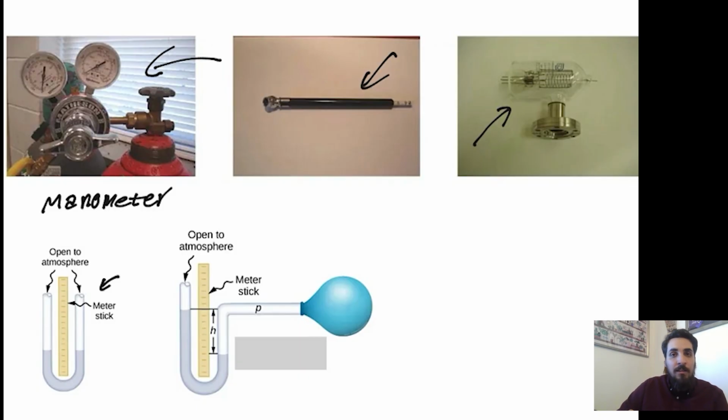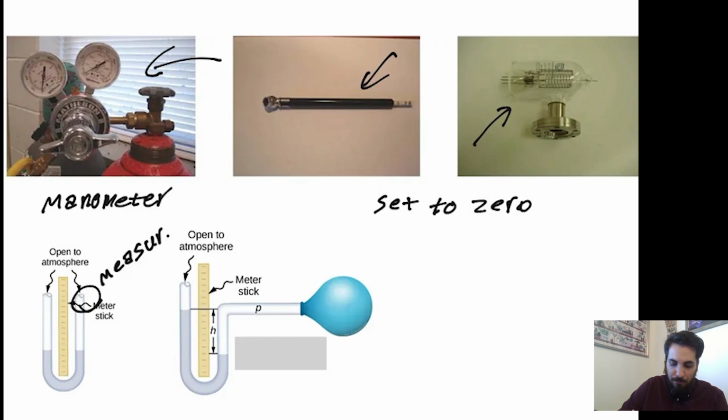When we look at these devices, though, most measuring devices are set to 0 when the measuring side is at atmospheric pressure. So when we look at this manometer, we would say that one side is a measuring side.